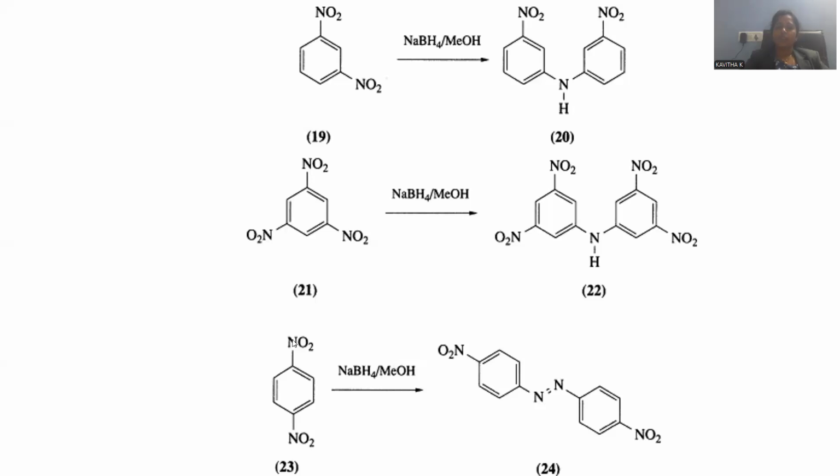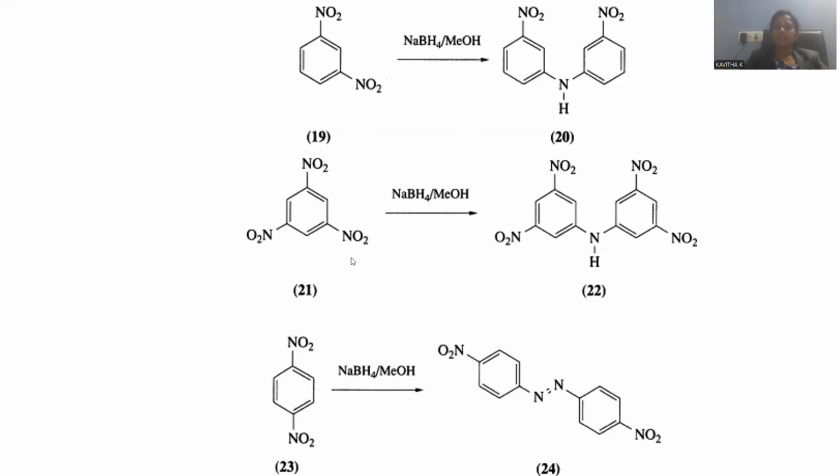Whenever you observe meta-nitro, it always gives the kind of dimer with one nitrogen atom only, but when para-nitro is the case, the reduction with sodium borohydride gives rise to para-dinitro-azobenzene. This is called azobenzene. Azobenzene is the kind of compound with a nitrogen-nitrogen double bond. You can notice two nitrogens are generated. The azo linkage is observed there.